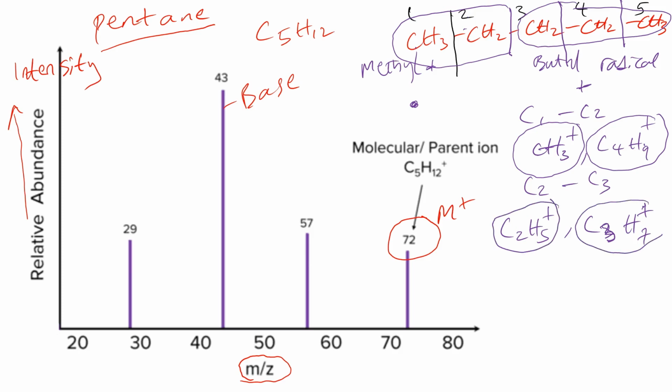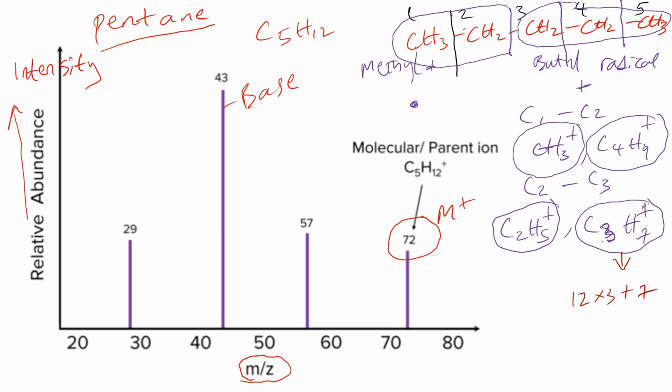Now let's identify which of the peaks correspond to these fragments. Let's start with propyl. What is the mass of propyl? C3H7, 12 times 3 plus 7, and that is 43.